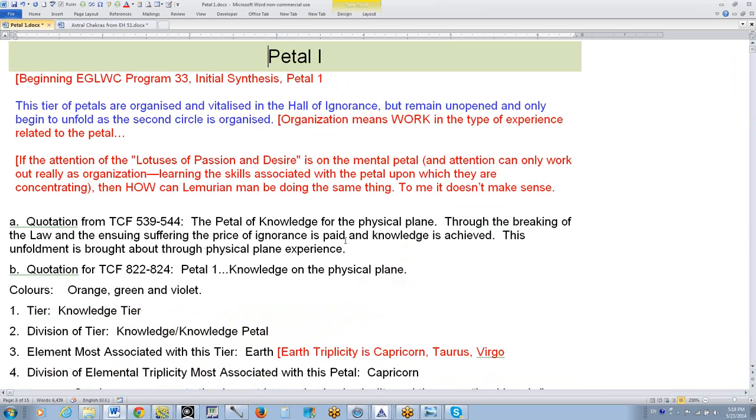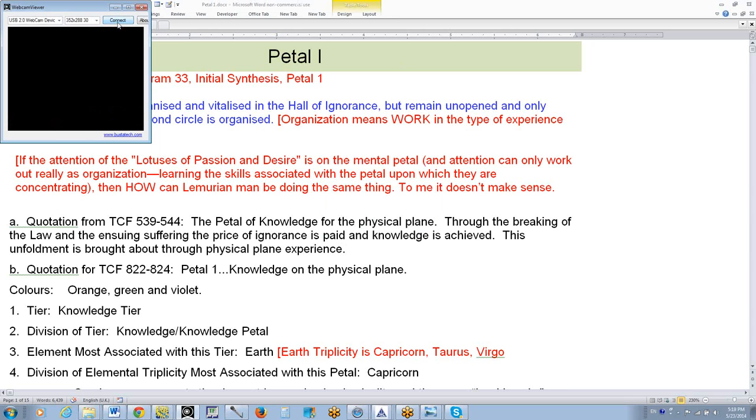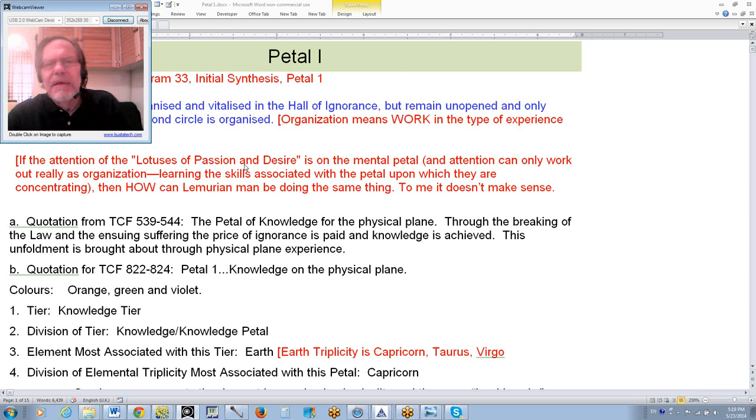All kinds of correlations are coming in here so that we can begin to have a sense of the synthesis of forces and energies which come together to make the first petal experience what it is, spanning the whole time of Lemuria, from the time of organizing in this petal and vitalizing, and then moving on to other areas of work, to the time of the unfolding when all of these things that have been prepared through organization and vitalization are actually part of the man's makeup, and he can really work with them.